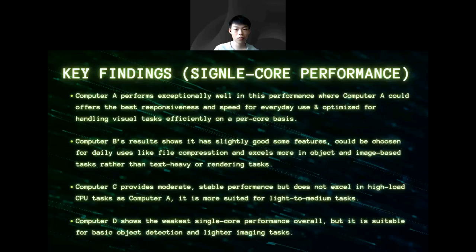And computer B's result shows it is slightly good in some features to be chosen for daily users. And computer C provides a moderate, stable performance, but does not excel in high-load CPU tasks like computer A. So it is more suited for light to medium tasks. And last but not least, computer D shows the weakest single-core performance overall. So it is suitable for basic object detection and lighter imaging tasks.